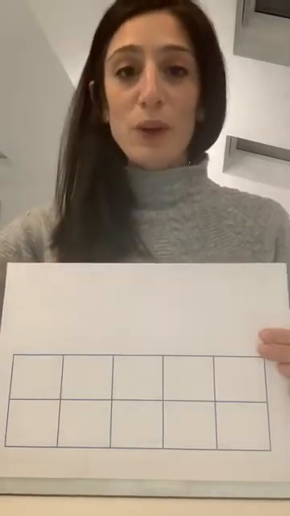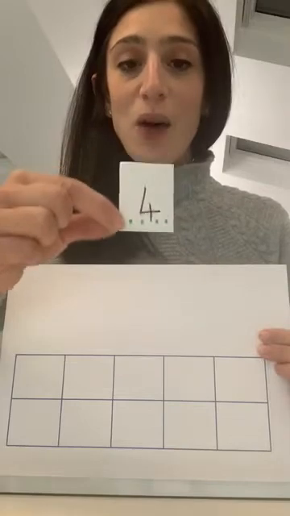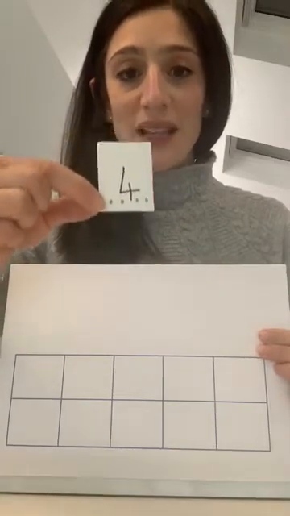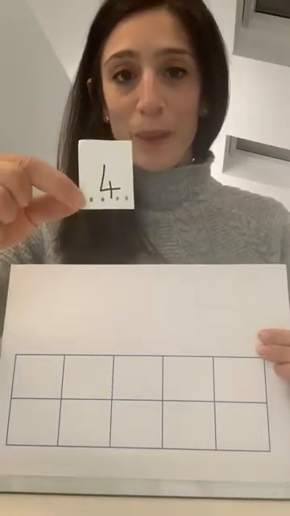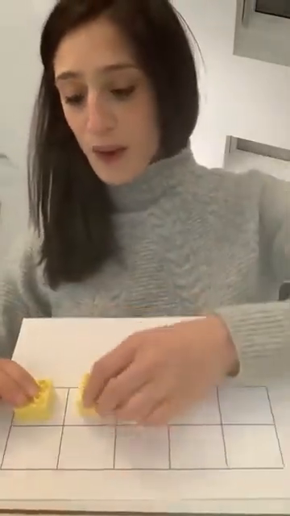Okay, and I've rolled the number 4. So I need to now work out what is double 4. So I'm going to start by putting my 4 blocks along the top. So 1, 2, and I'm going to put it down so I can work it out. 3, 4. So I now have my 4 on my 10s frame.